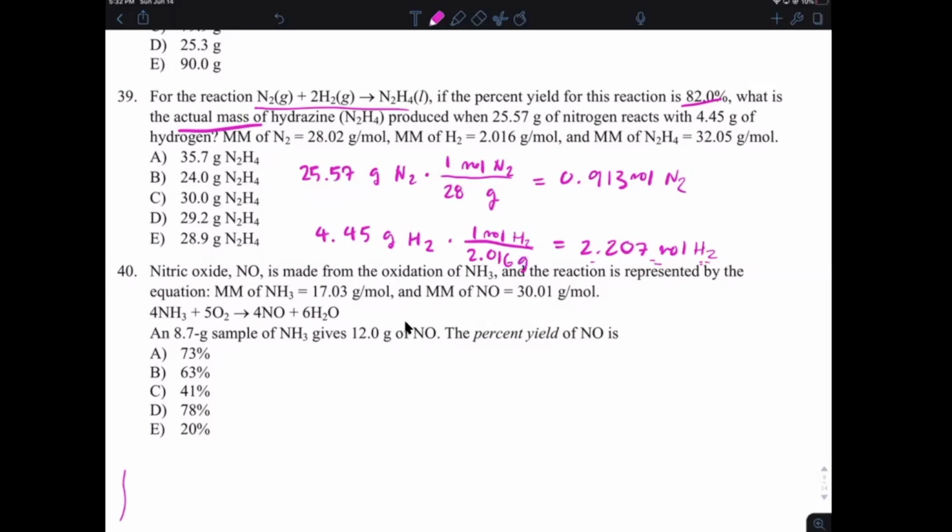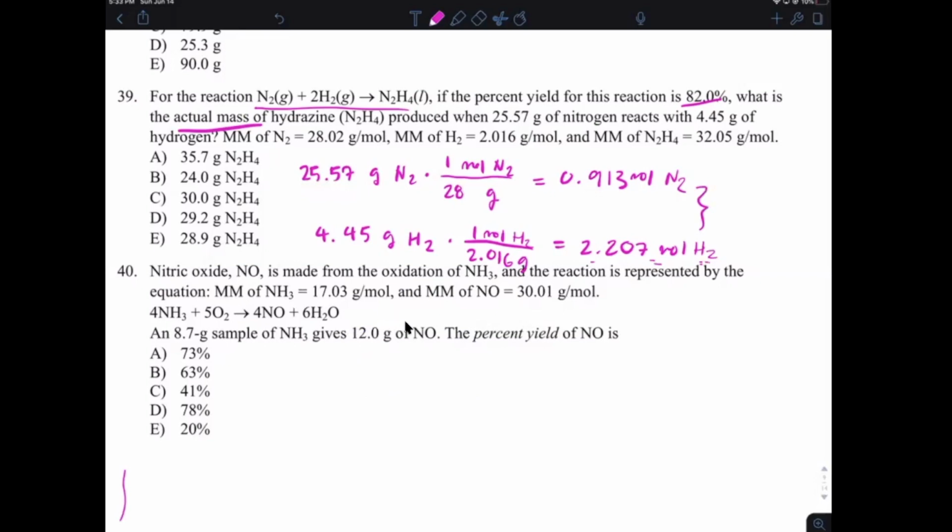So how much would that be? It would just be, okay, so 0.913. Well, no, okay. So first, let's look for which one is the limiting reactant. Sorry, it's kind of getting all over the place, but first let's just find which one is the limiting reactant.